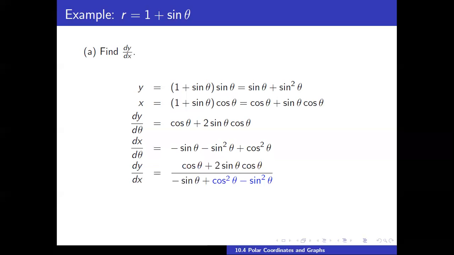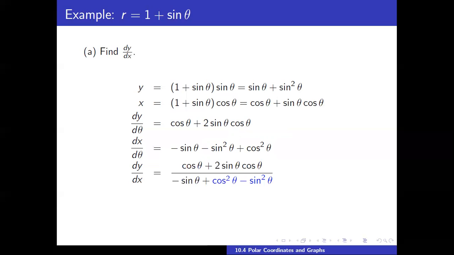What I'm going to do is make everything in terms of sine in the denominator, just so it's a little bit easier to work with. So what do you think I would replace to make everything in terms of sine, so I don't have to work with 2 trig functions at the same time? That means I need to get rid of the cosine stuff.